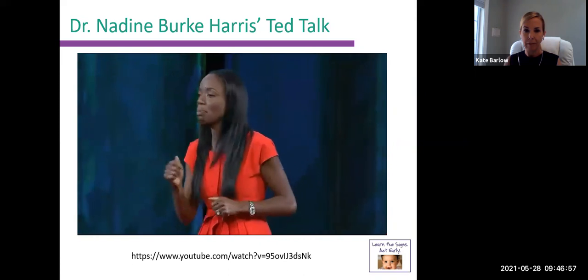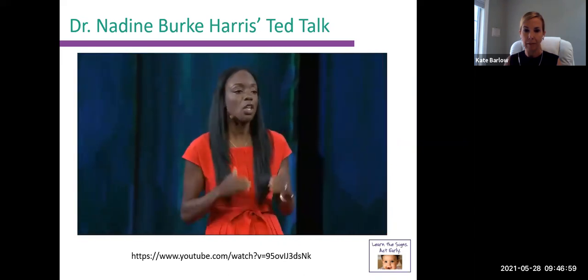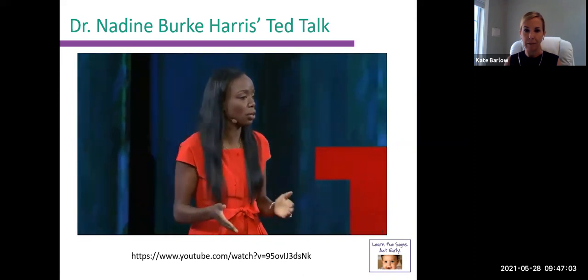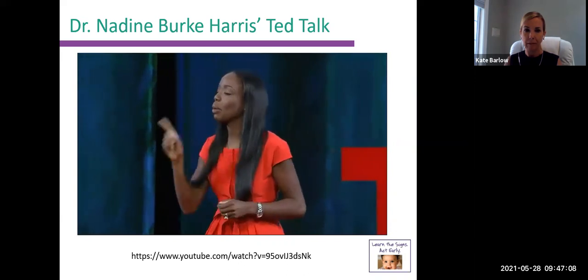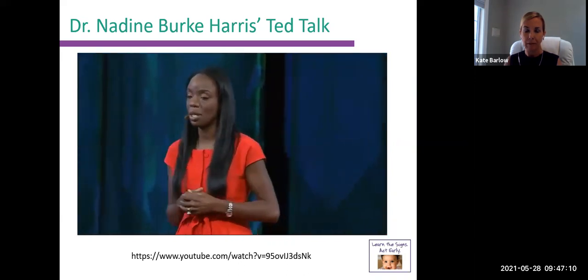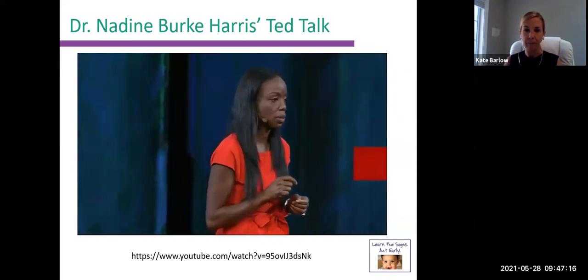From tobacco to lead poisoning to HIV/AIDS, the United States actually has quite a strong track record with addressing public health problems. But replicating those successes with ACEs and toxic stress is going to take determination and commitment.